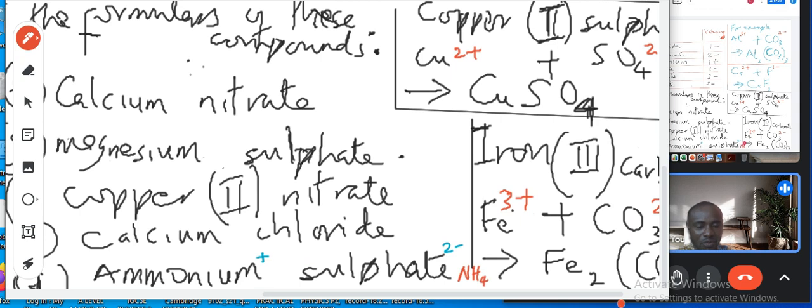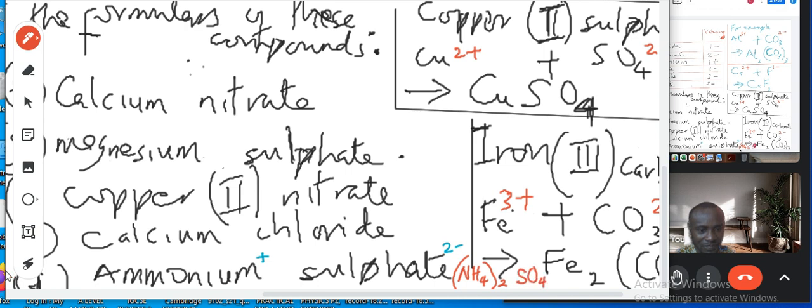So what do we do? Would you put a bracket? Yes, you put a bracket. Good. It's going to take the 2 from sulfate. And the sulfate is SO4.